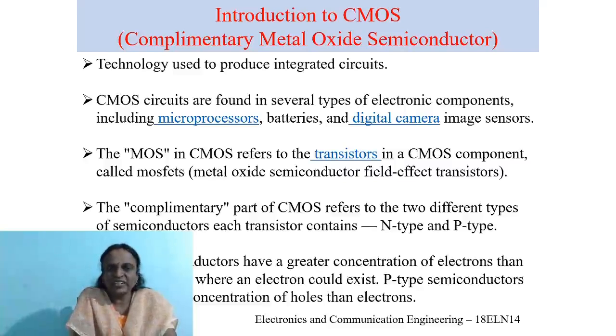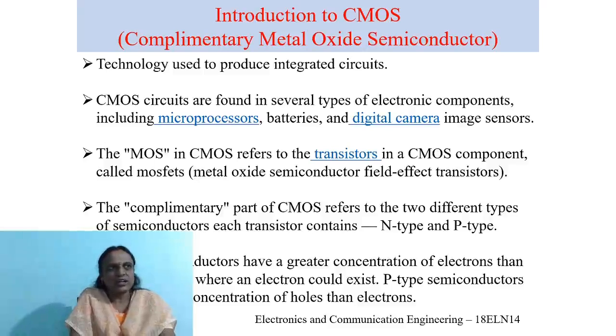So, when enough voltage is applied between the gate and the body, then the electrons can flow between the source and the drain terminals. The complementary part of the CMOS refers to the two types of semiconductors each transistor contains, that is N-type and P-type semiconductors.